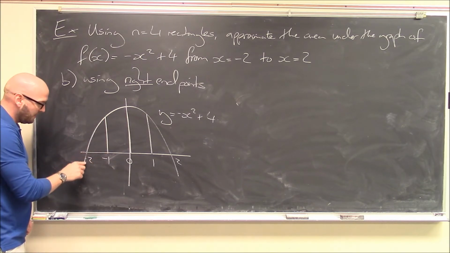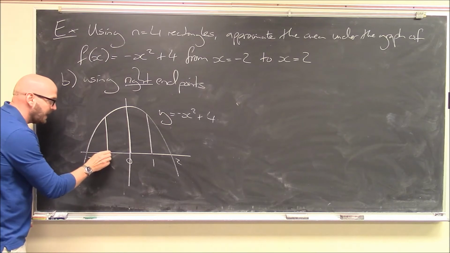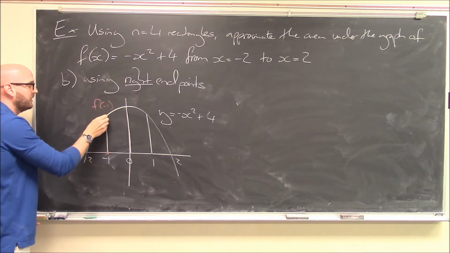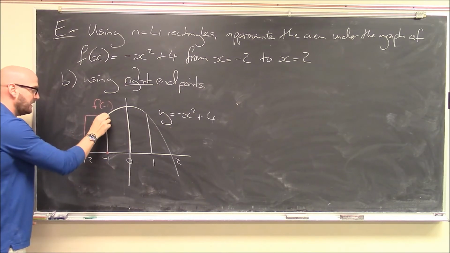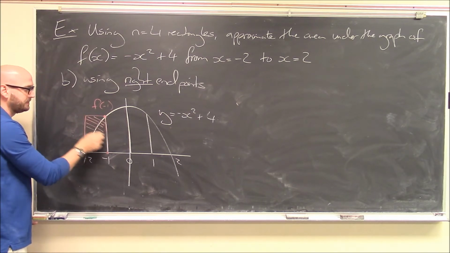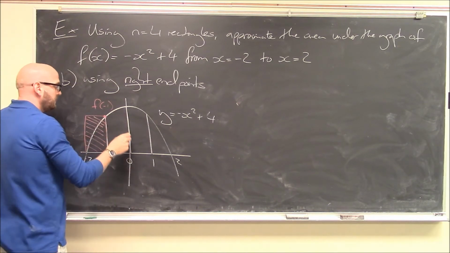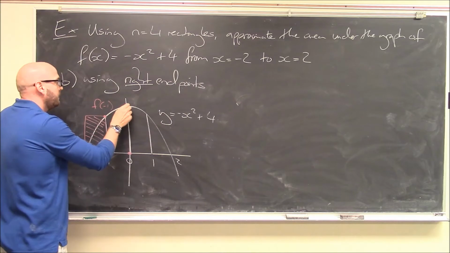So this interval, minus 2 to minus 1, I choose the right endpoint. I look at the function value right there, f of minus 1, and there's the height of my approximating rectangle. Minus 1 to 0, I choose the right-hand endpoint, 0.